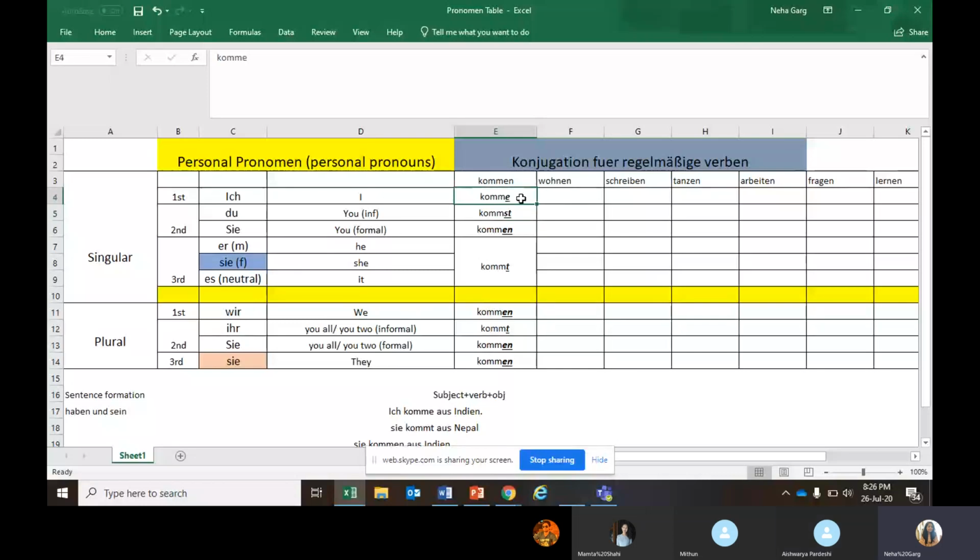With ich, it would be komme. With kommen, the en would go away and then it would be komme. Similarly, with wohnen, which means to live, it would be wohne. Ich wohne in New Delhi. I live in New Delhi.